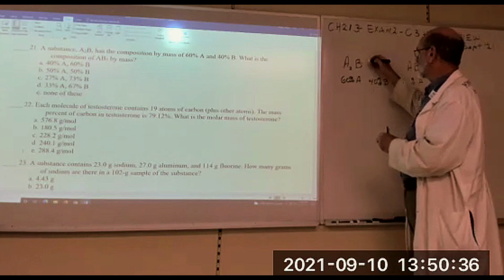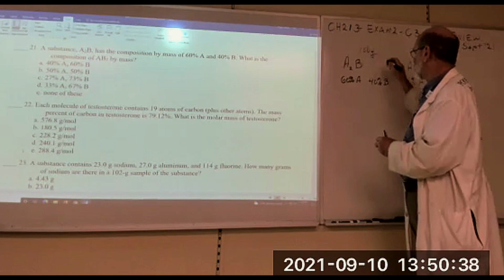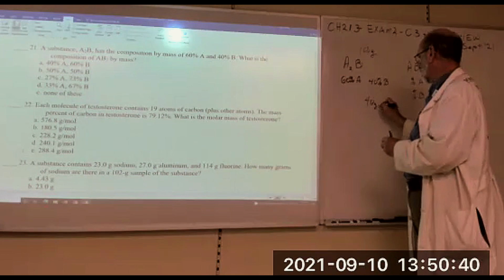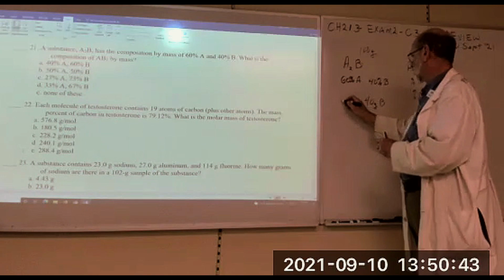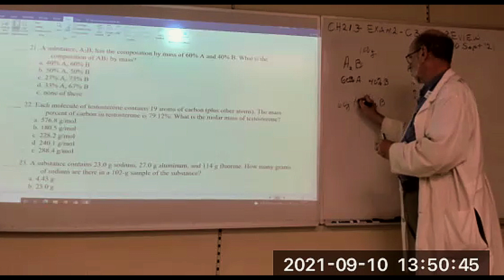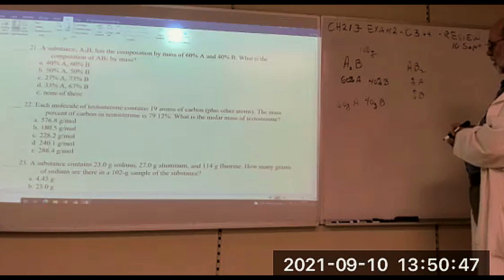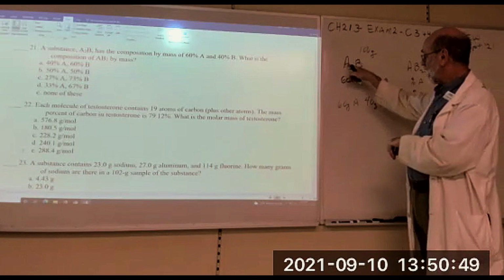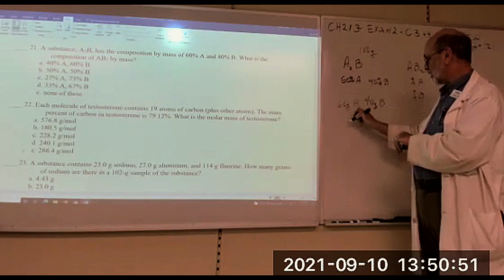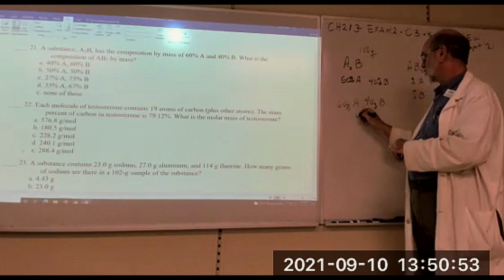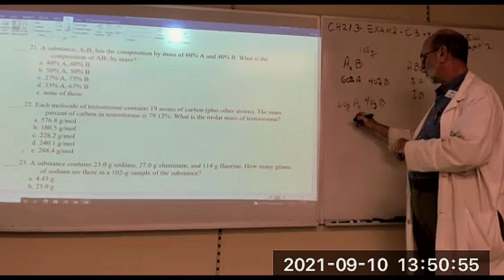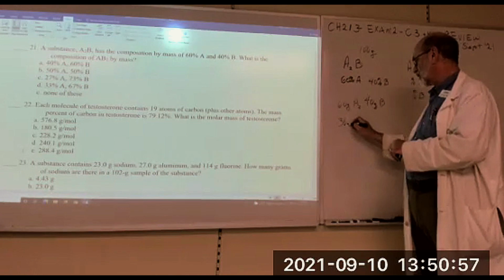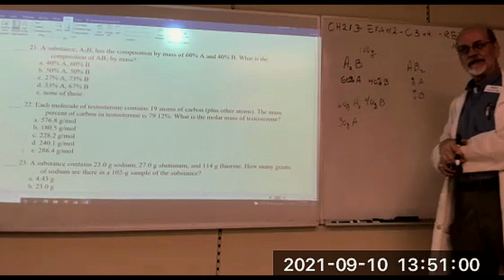With 100 grams, you would have 40 grams of B and 60 grams of A. So that means A, out of 100 grams, is 30 grams each. That's 60 grams of A taken twice, but it's 30 grams of a single A.